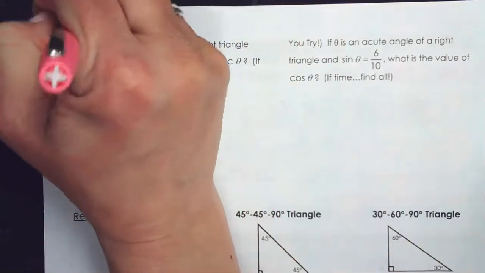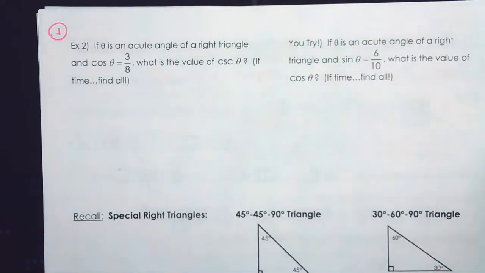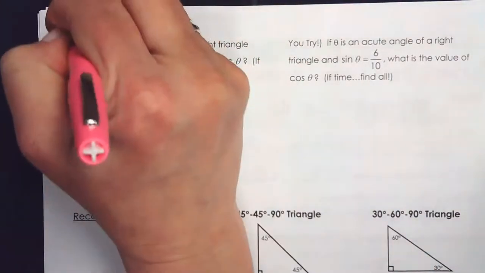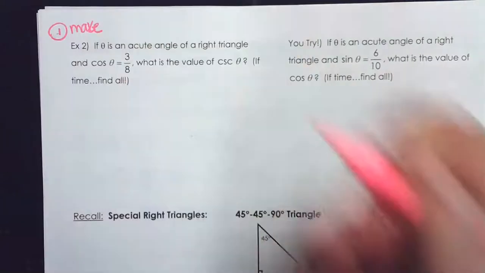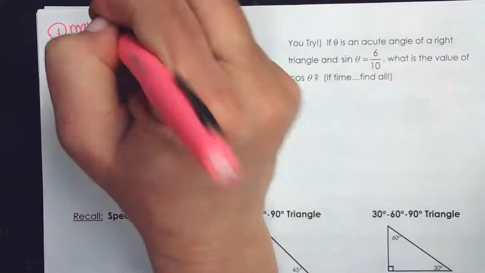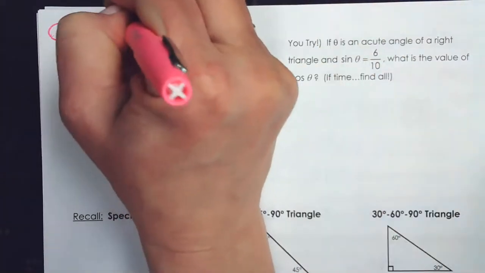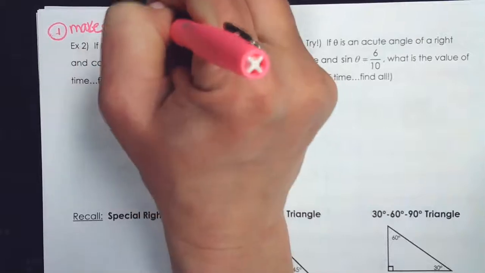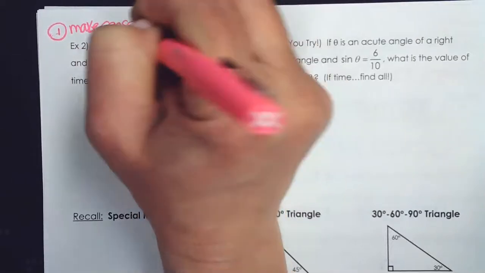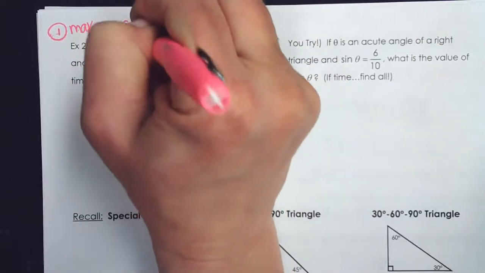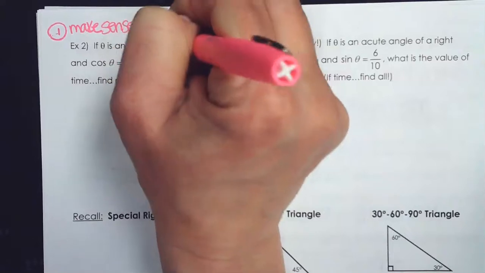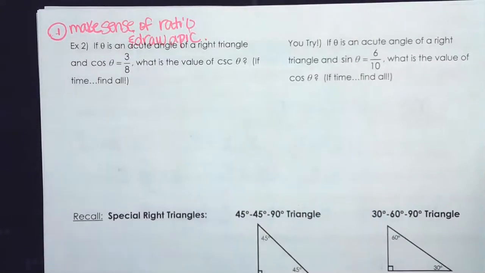So here are the steps I'm going to suggest. The first thing is that it helped us in the other problems when we had a picture. So what you're going to do is make sense of the ratio and draw a picture.